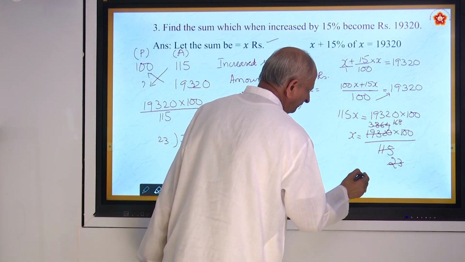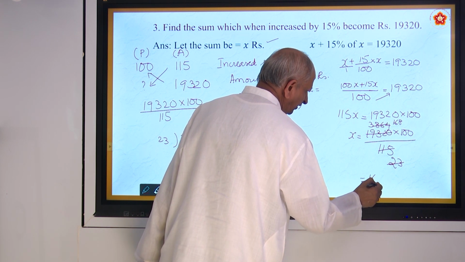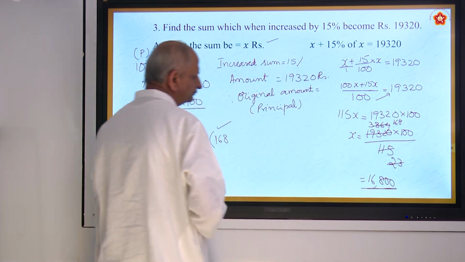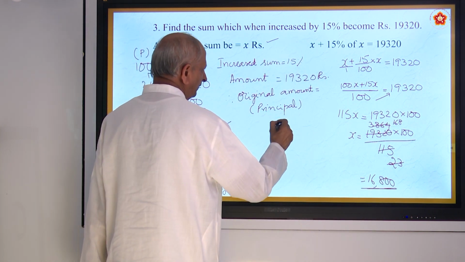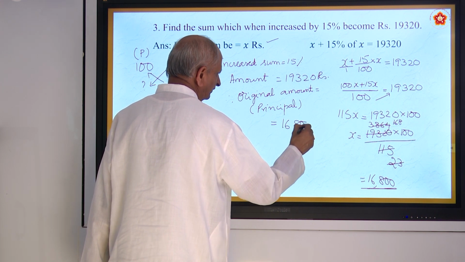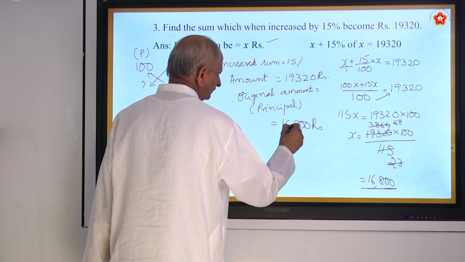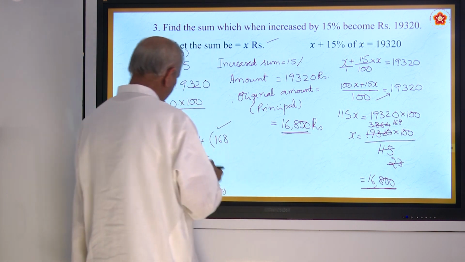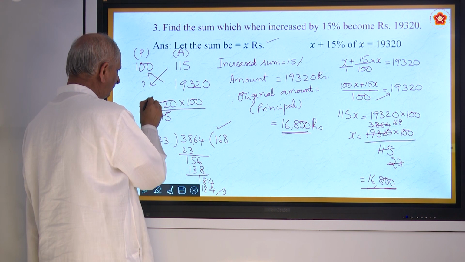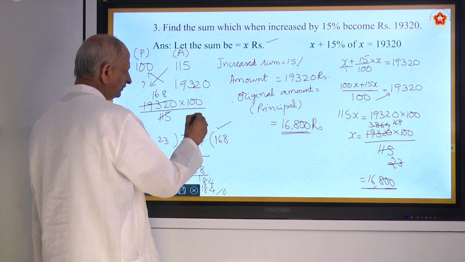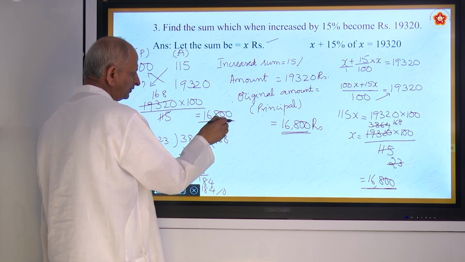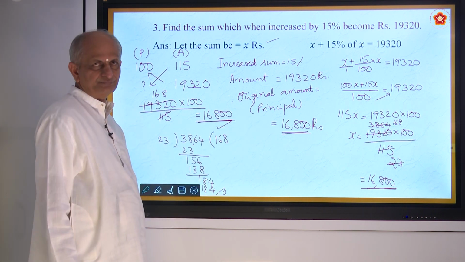Into 100 becomes 16,800. So the original amount will be equal to 16,800. Here also the same thing we get. If you just cancel this, this will be 168 times. The answer will be 16,800. So that is the answer.